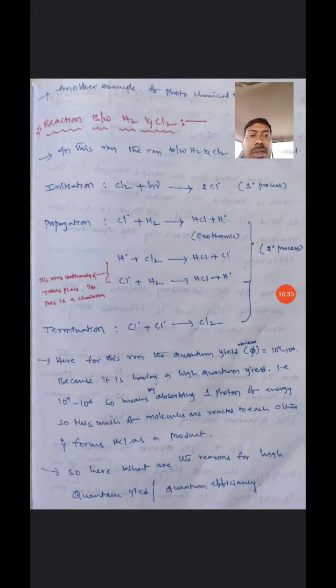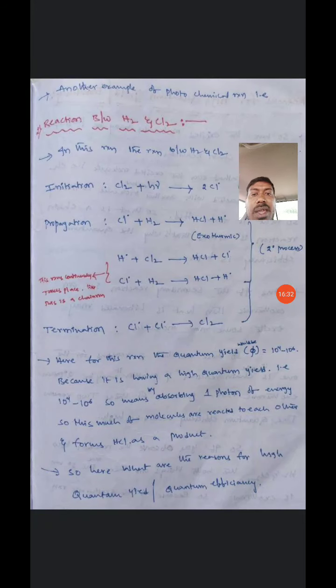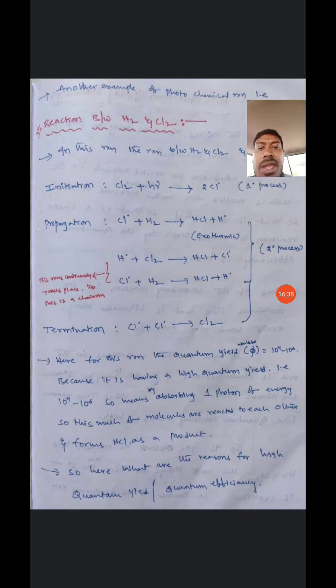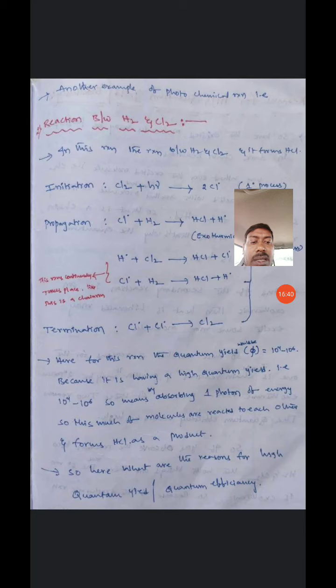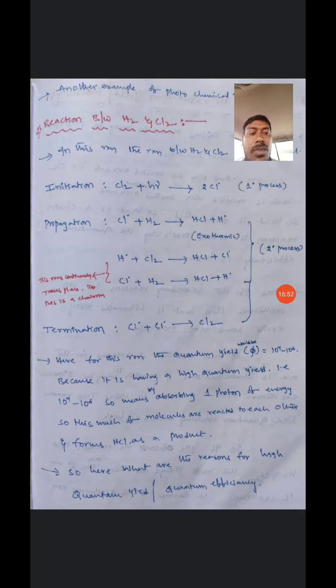Here is another example of a photochemical reaction: the reaction between H2 and Cl2, hydrogen and chlorine, which forms HCl. Here also there are three steps.